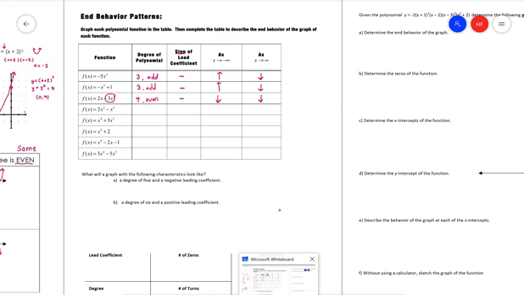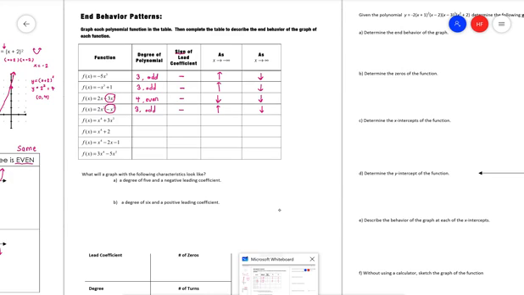On the next one, be careful because it's also not in order. So the highest one is first, meaning this degree is 3, which is odd. And the sign is negative. So we have negative, odd. So it's ending down and they're opposites.